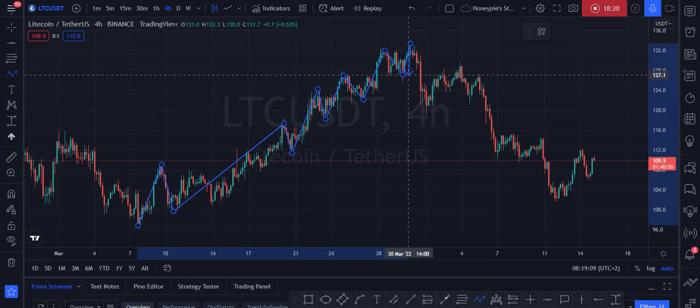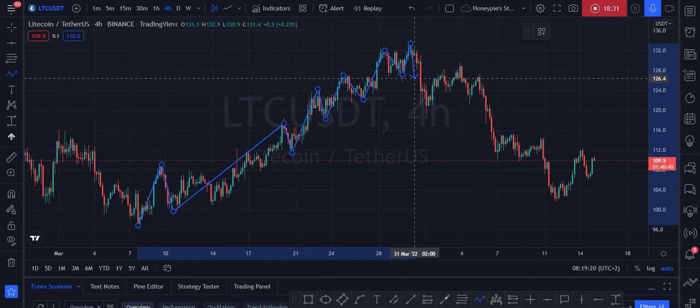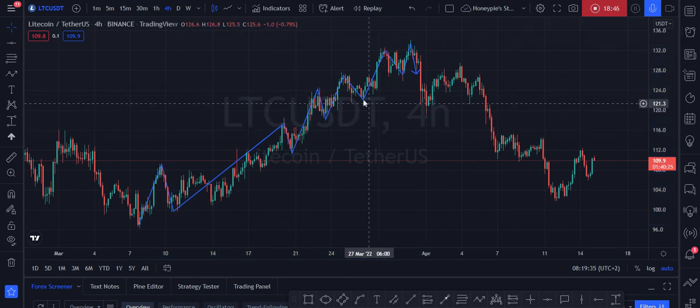Same thing applies to this; it never broke its previous higher low. Anytime price breaks its previous higher low, just like it did here, know that the uptrend is now invalid. The market is now going down, so if you are in this trade, you should be looking for how to exit.